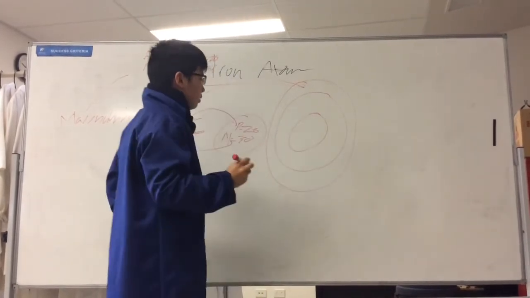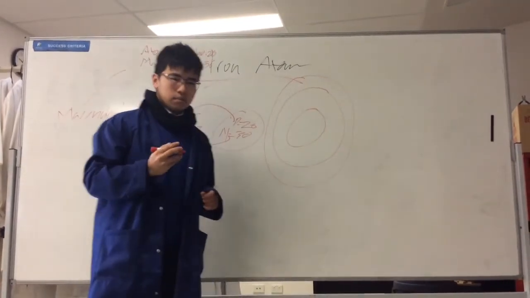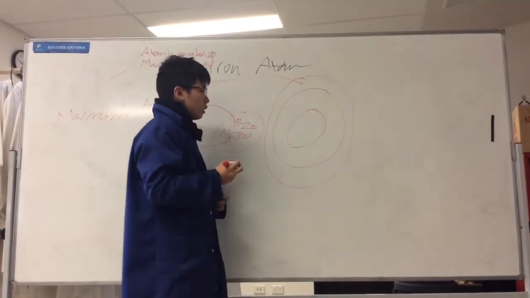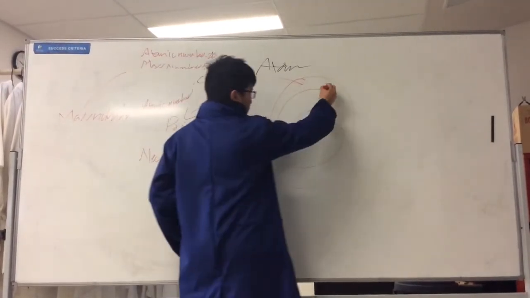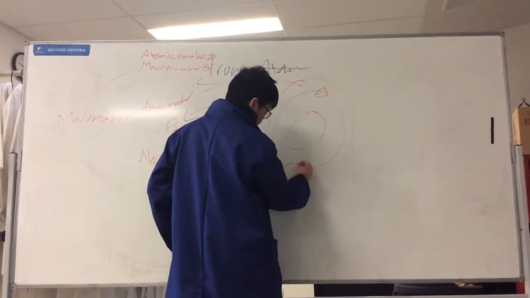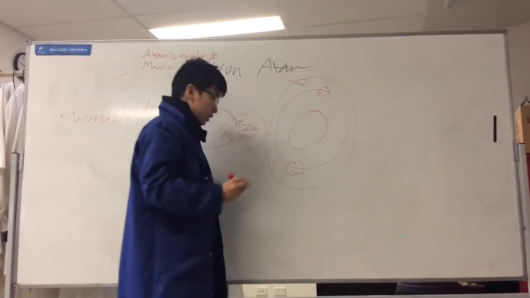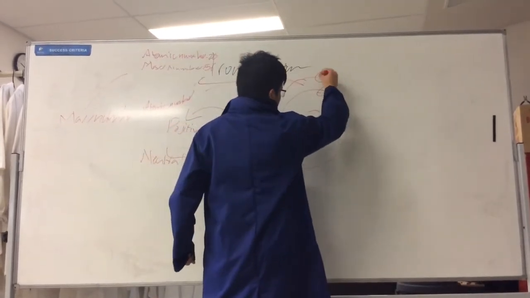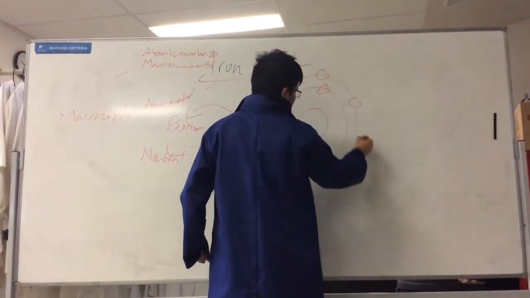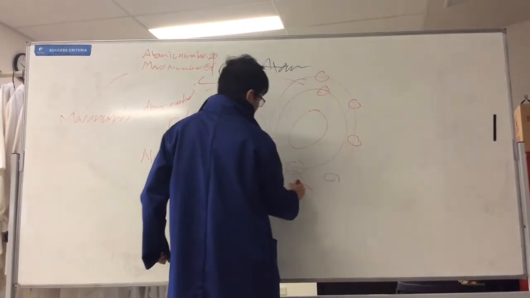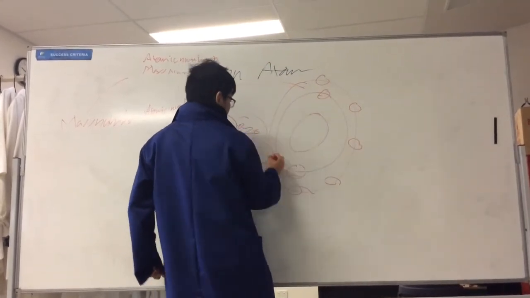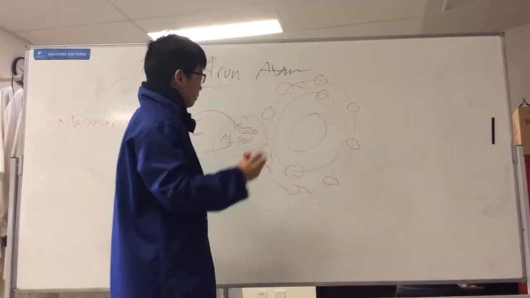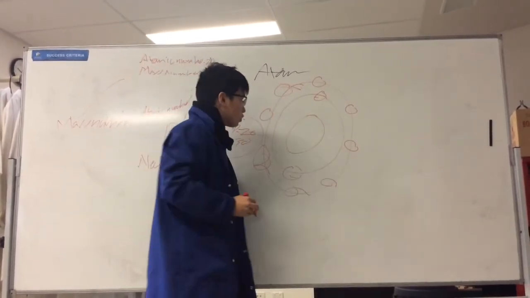So in the first shell, you can only put two electrons, and there you go, and in the second shell it should contain about 8. 1, 2, 3, 4. Yeah, so we got 10 electrons.